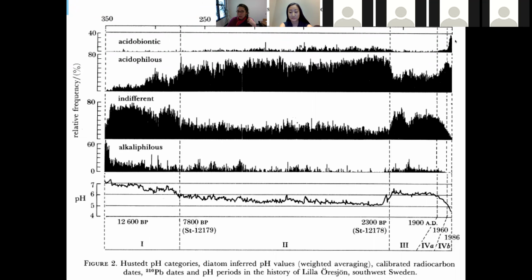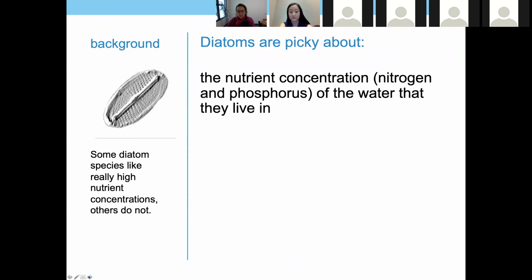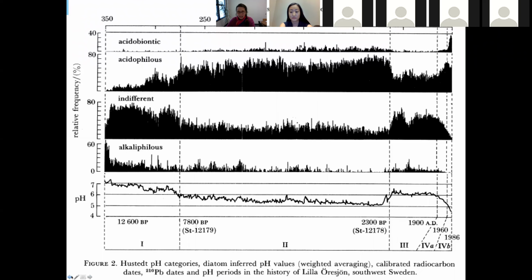And so it really, I think, emphasizes understanding the record and what the data is showing. So that was an example from lakes and reconstructing the pH record in a lake over a long period of time.